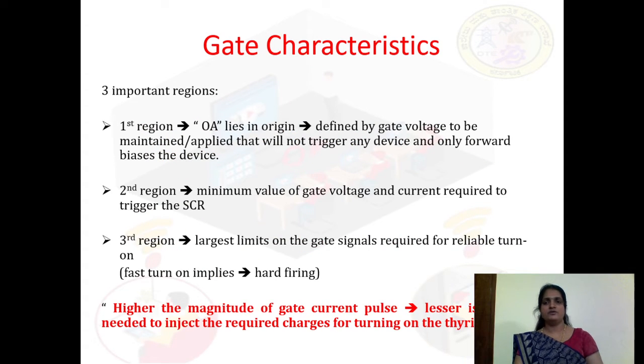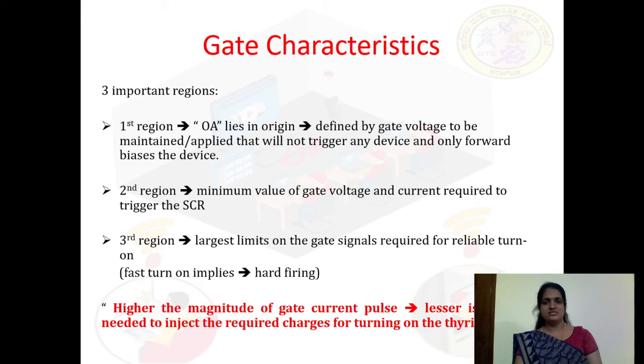Here we need to discuss three important regions: the first region, second region and third region. The first region, OA, lies at the origin, and it is defined by the gate voltage that will not trigger any device and only forward biases the device.